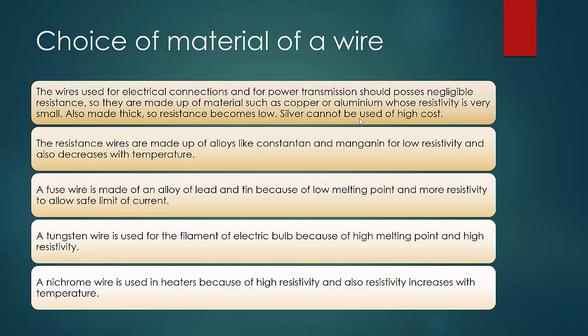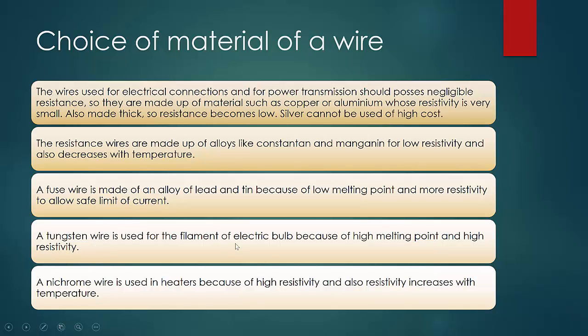Now suppose we need a resistor. I have shown you a picture of a resistor earlier. These resistors are made of alloys like tungsten and manganese for low resistivity, and also so that resistivity decreases with temperature. A fuse wire is made of an alloy of lead and tin because of its low melting point and more resistivity to allow a safe limit of current.